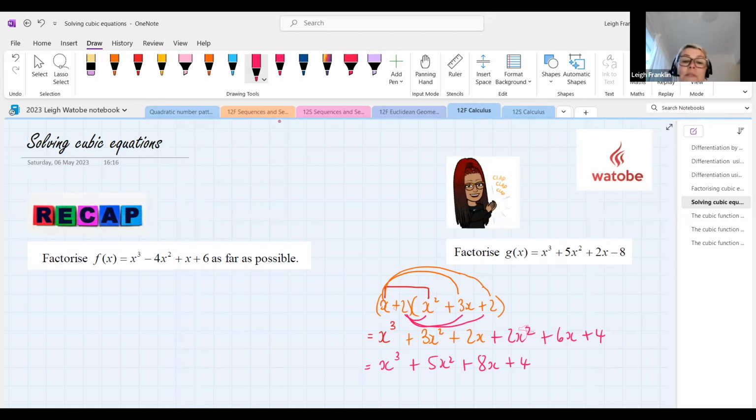So what I am teaching you to do, all right, is the reversal of this process. We are starting with the terms and we are producing the factors. Okay, so when we factorize, we start with terms and we put the brackets in to create factors. So when you are factorizing a cubic expression, you are putting those brackets back in, all right?